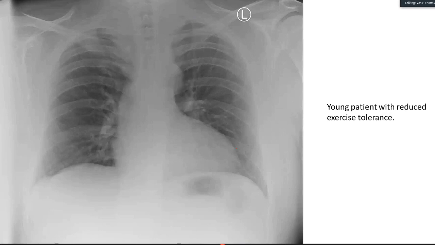What else do you want to do in this case? What would you tell the patient on the basis of the enlarged heart shadow, pleural effusion as you mentioned, and possibly aortic dilatation? So I will advise echocardiography.